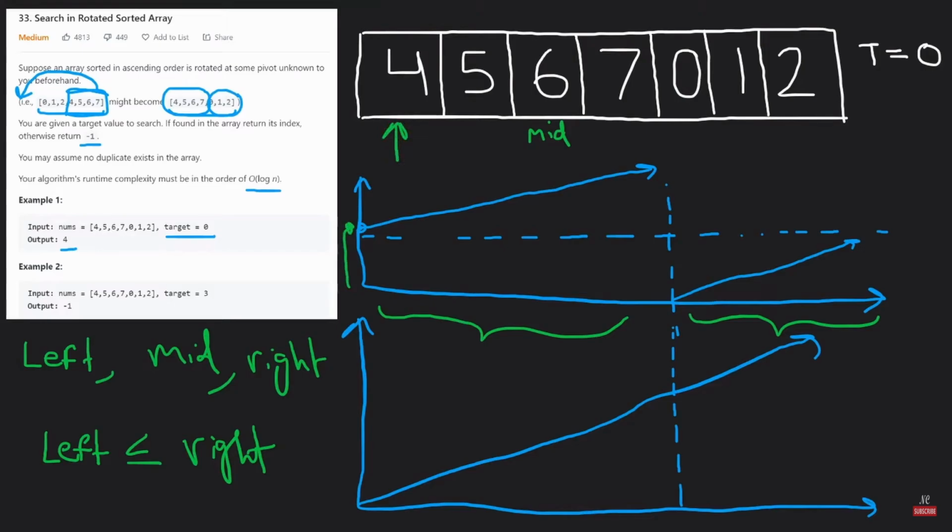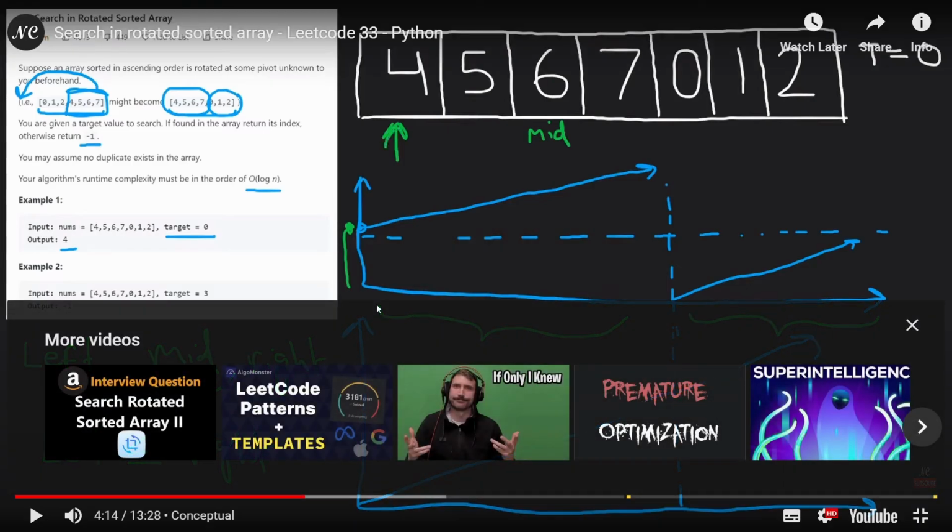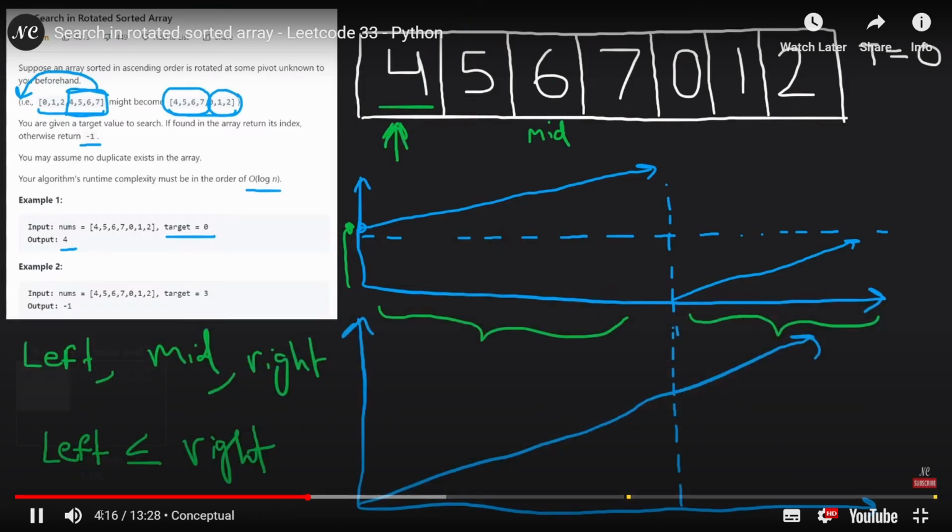If our target is even smaller than this left value, 4, then we know that we don't have to search 4, we don't have to search 5, we don't have to search 6. We can run binary search over here.